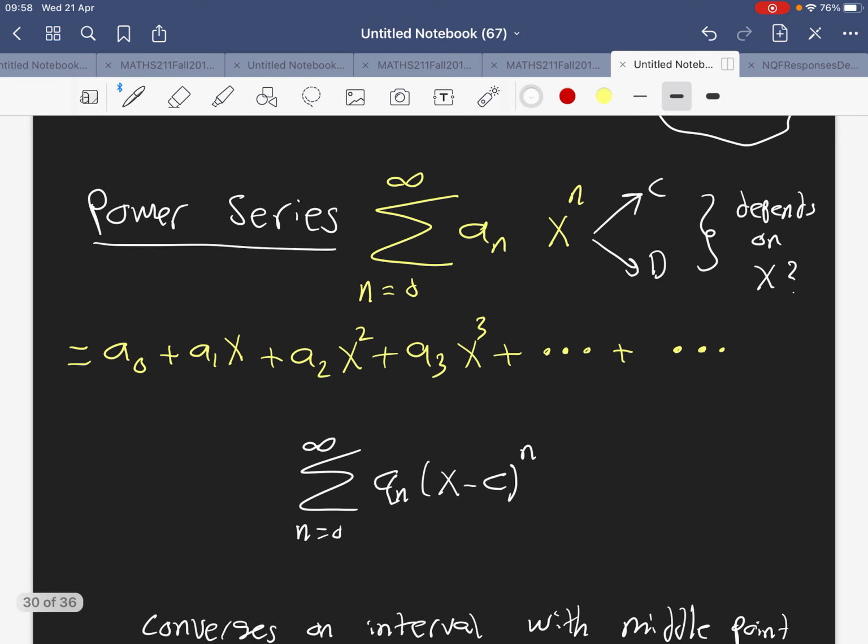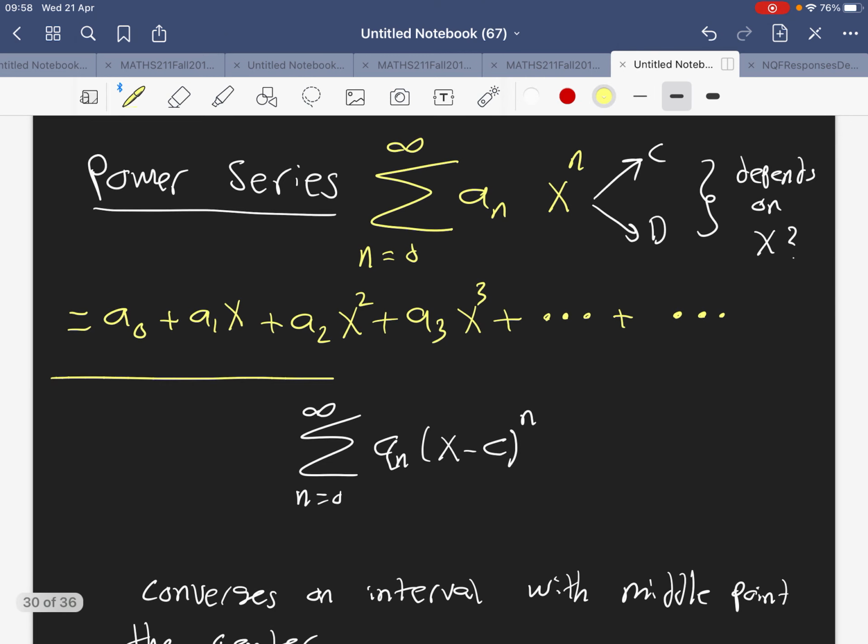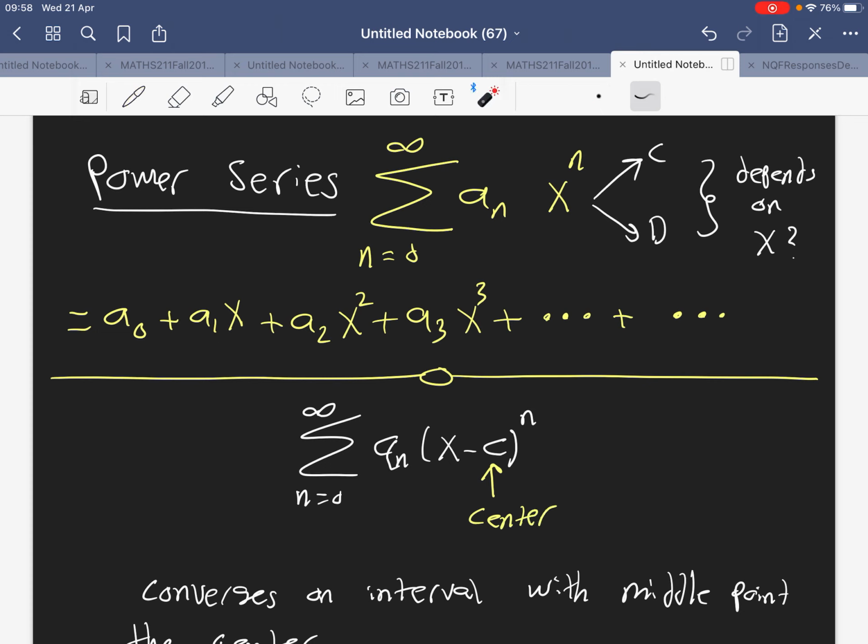Now, the general shape for the power series looks like this. And this number, which comes behind x, sometimes we see it, sometimes we don't. We call it the center. In our previous example, I didn't have anything behind x, so my center was 0.